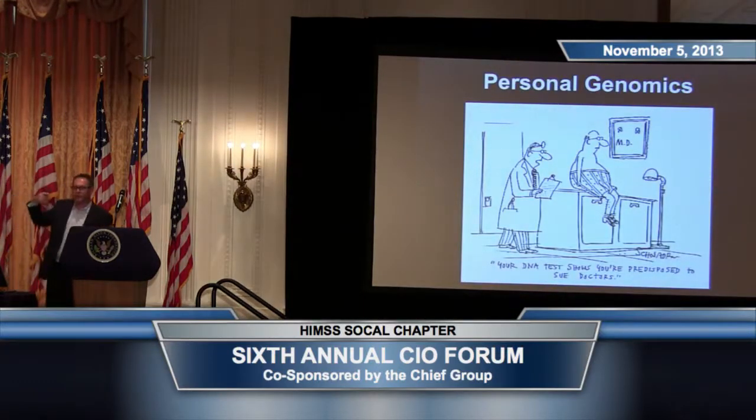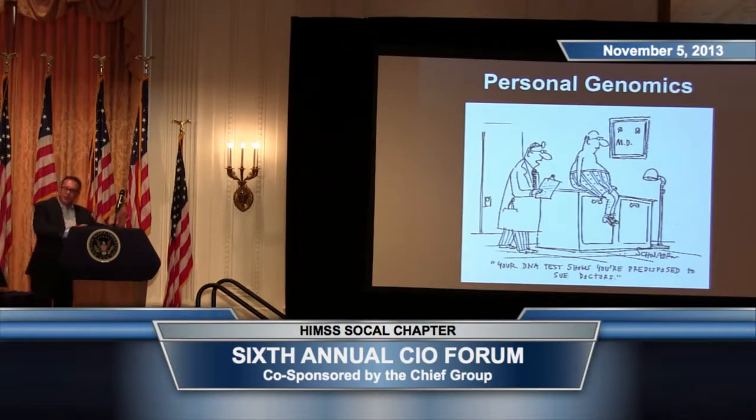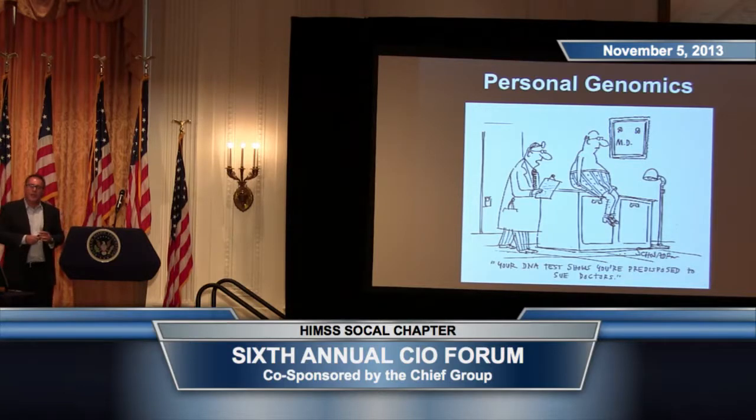Personal genomics. We talk a lot about genomics and the promise of genomics. The problem we have is that the research community is doing a lot of work in genomics, and the practicing physicians are not up to speed on genetic testing.